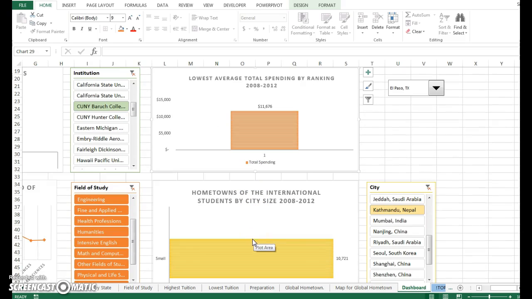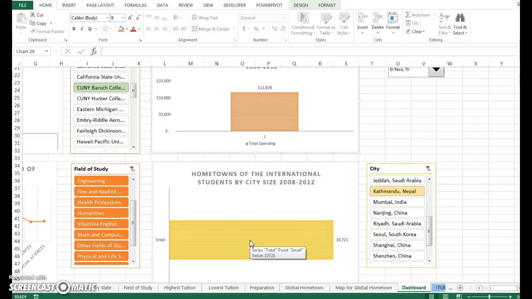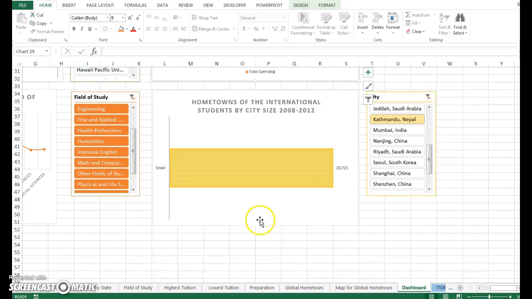When I analyze those data, I think that the metropolitan geography is an important feature not only of where international students are located in the United States, but also of where they originate worldwide. The majority of international students came from places with population of 5 million or more.